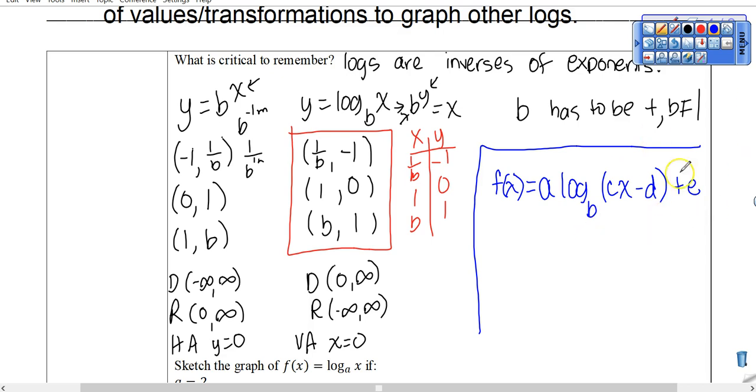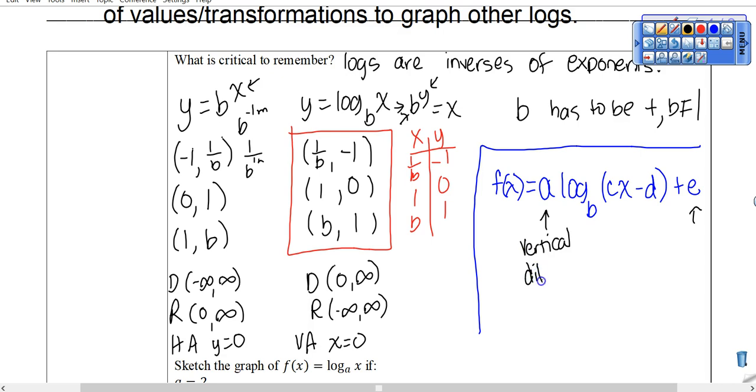So these are transformational form. And guys, every time we do transformational form, these numbers outside that are not grouped with the x are what kind of actions? Vertical, right? So this is an example of a vertical stretch or compression.